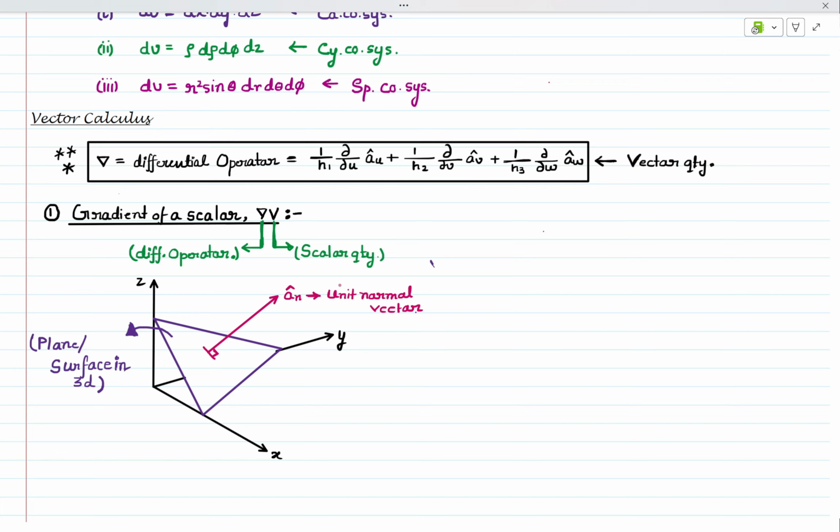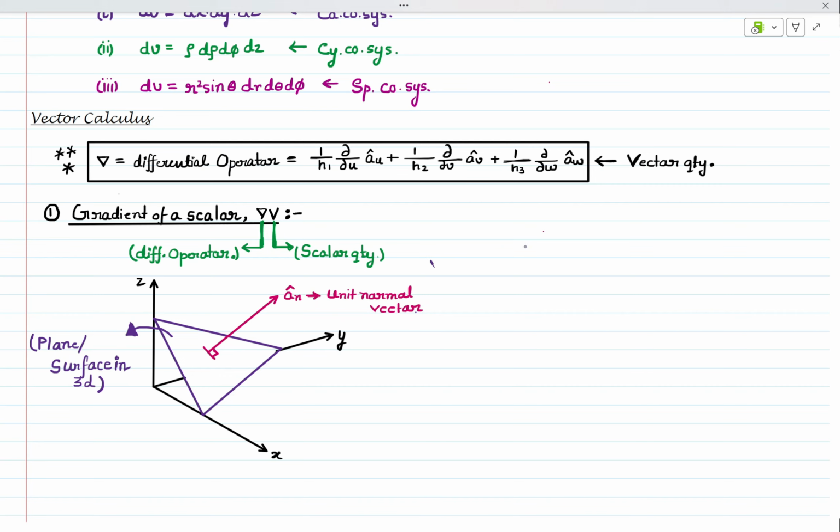If I try to determine the unit normal vector on any plane, then we need the help of the gradient, because any plane is a scalar quantity.